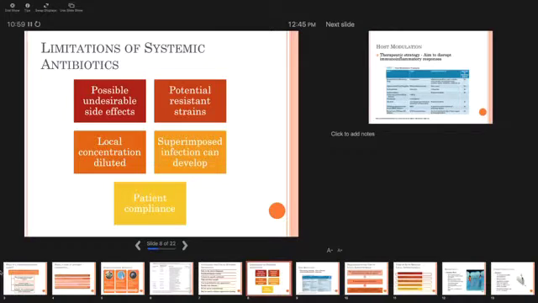We can also cause superimposed infections if we are killing off too many microbes within the body, and then patient compliance, right? Because this is something that we prescribe to them and they take home. And so we have to make sure that they actually are taking it.